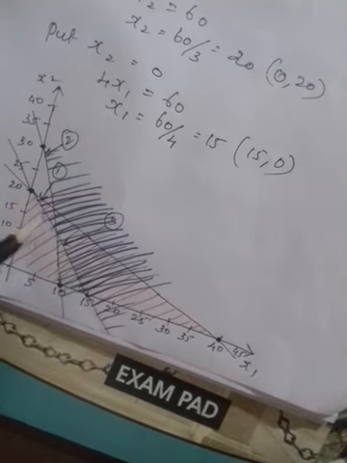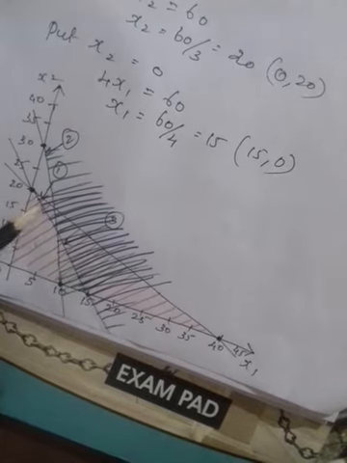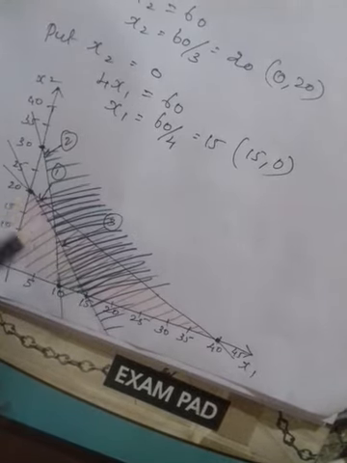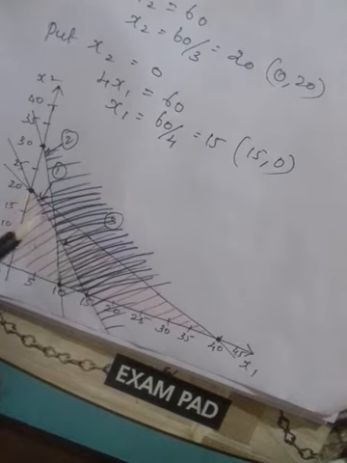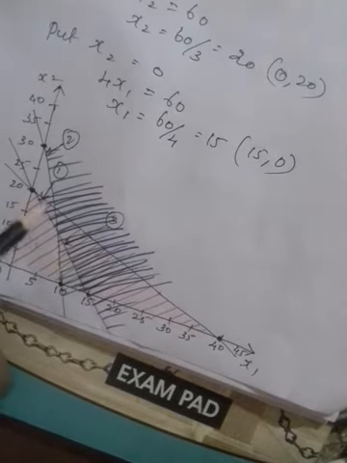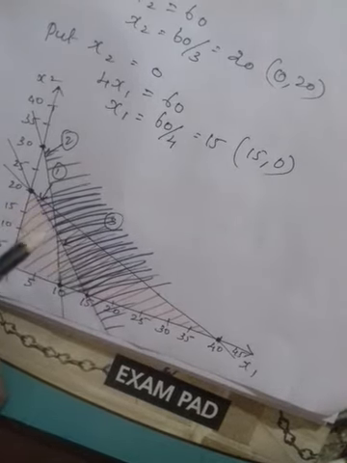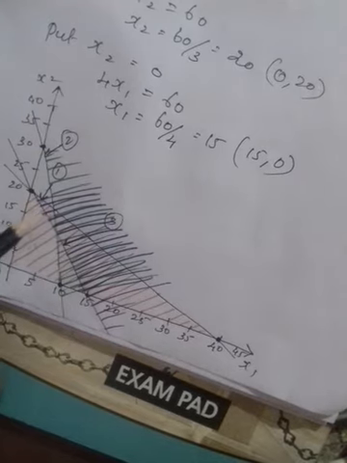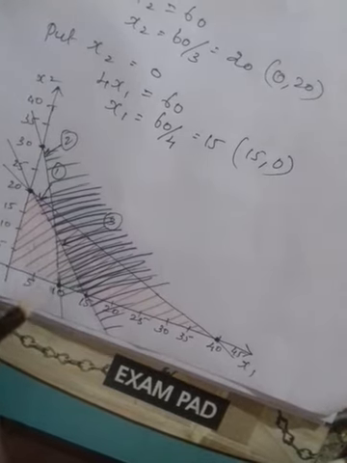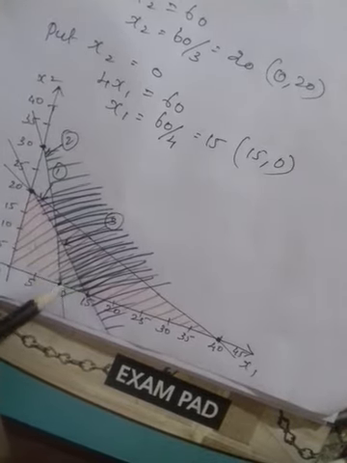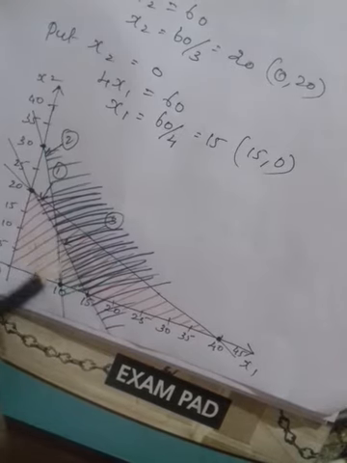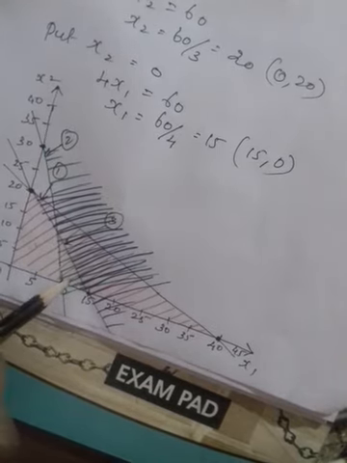If you take this area, here only orange and purple are coming, meaning equations 1 and 3 are getting satisfied, but 2 is not. Green is not there, so this area you should not take. Similarly, if you take this area, only 2 equations are getting satisfied, the third constraint is not.